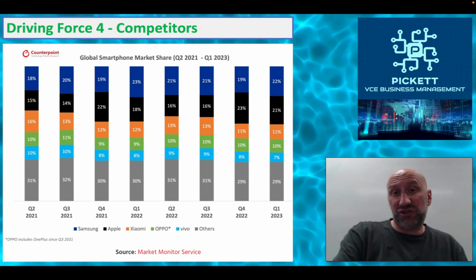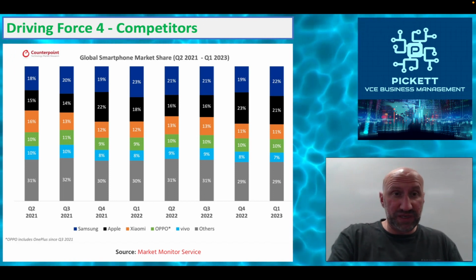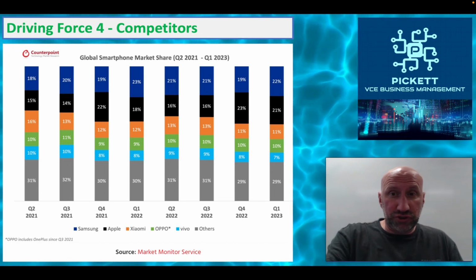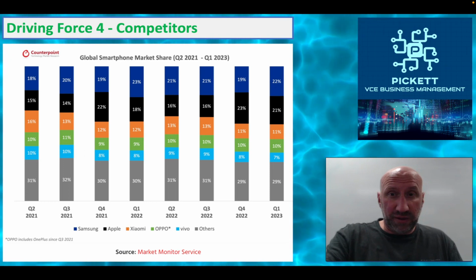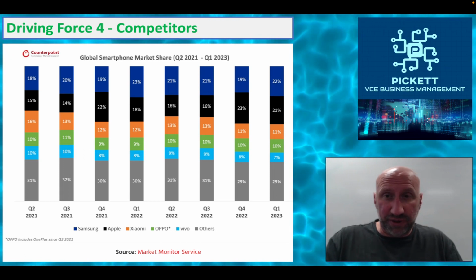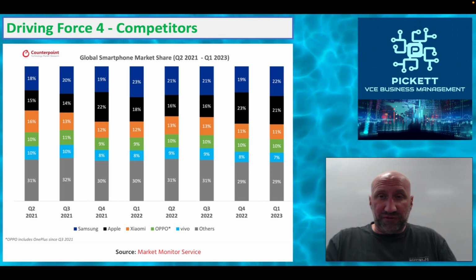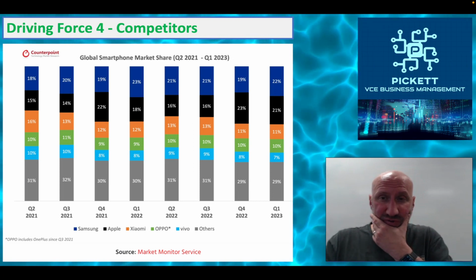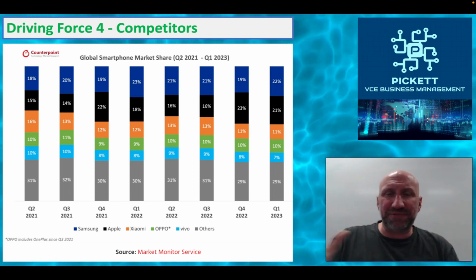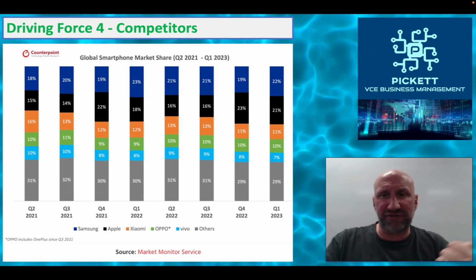I guess what's interesting when you look at this is that Apple, have they come ahead? So there's been a bit of a shift. As of Q1 2023, which would have ended March 2023, almost level. And both businesses would be absolutely aware of this, and they're constantly grappling for share.